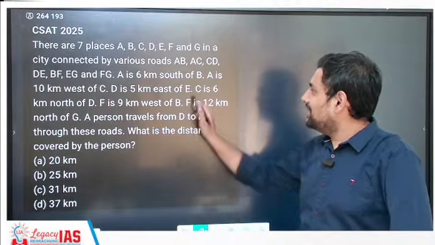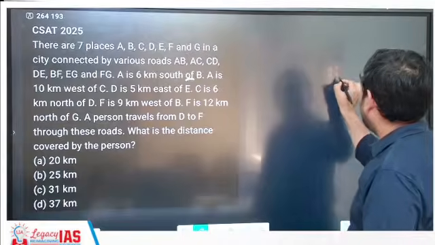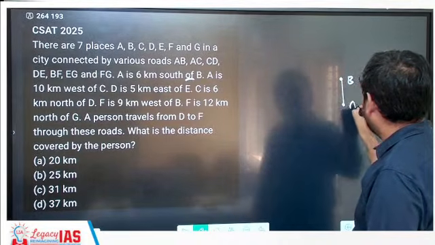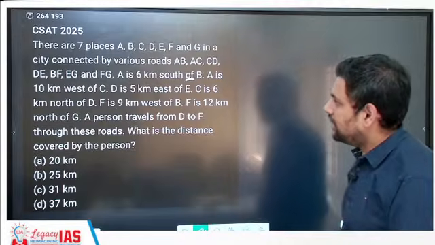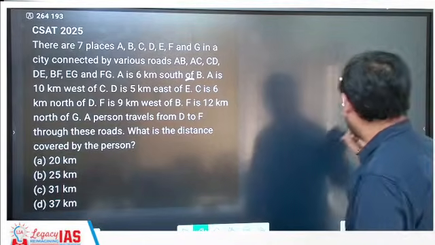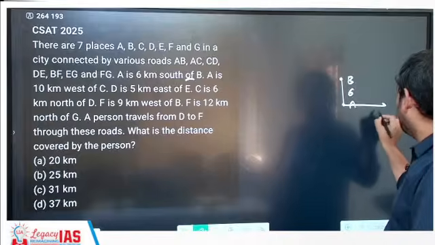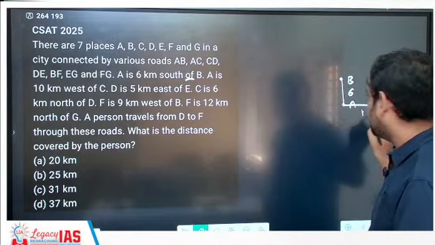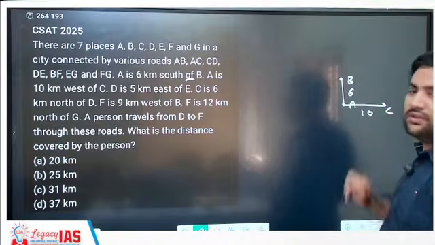A is 6 kilometers south of B. So now I draw B. And A is 6 kilometers south of B. Then A is 10 kilometers west of C. So if this is C, then this is A, which is 10 kilometers west of C.